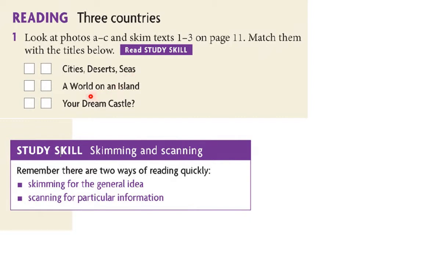The second topic is a world on an island. The third topic is your dream castle. So now we have an idea about the three topics. Let's go to the photos first and then go to the paragraphs to skim them and match each of these three titles or topics to the paragraphs.